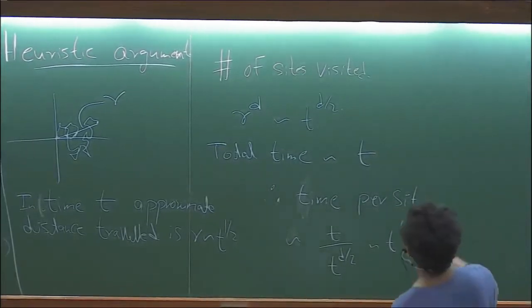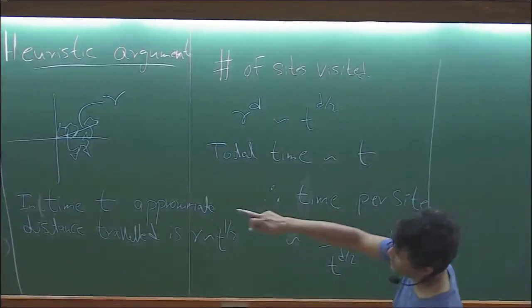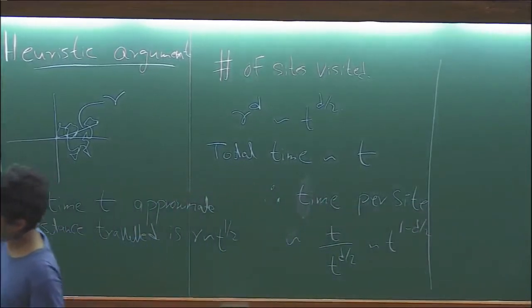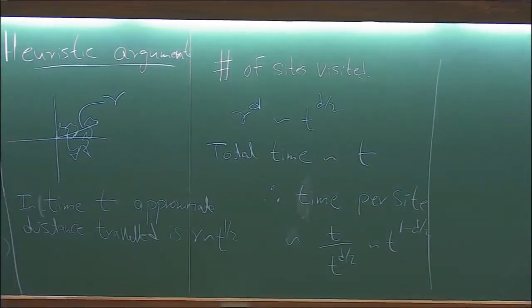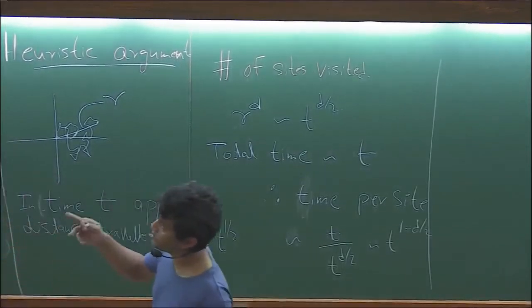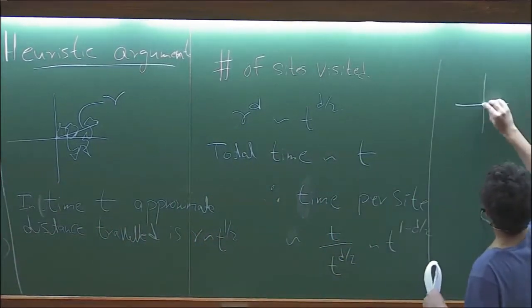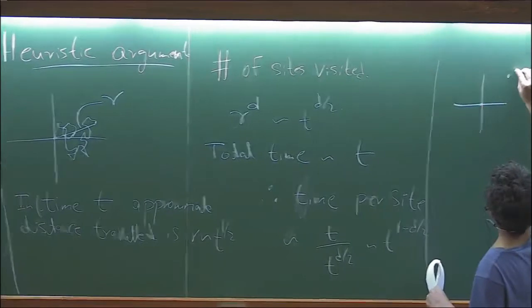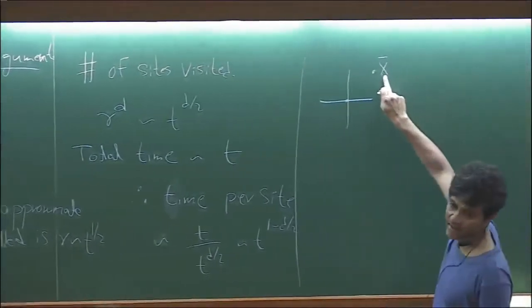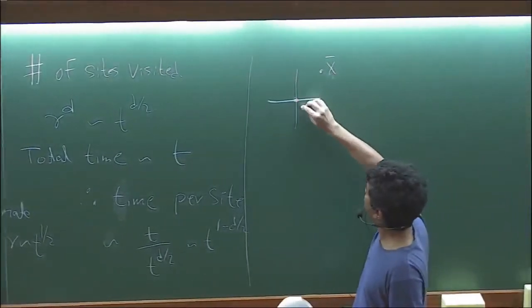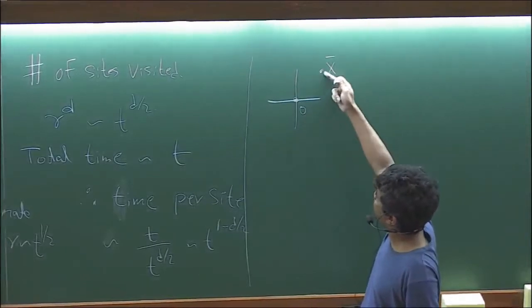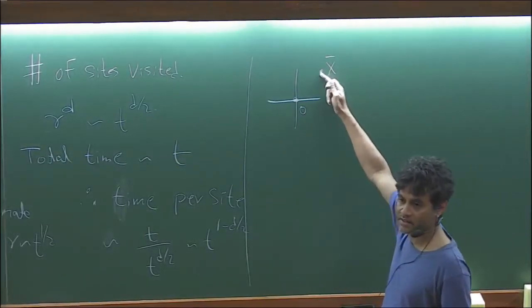Okay, the other point I want to mention is that here we looked at coming back to the origin, like the mean number of visits to the origin, and the probability of coming back to the origin. Similarly, you can ask, starting from the origin, what is the probability that you'll ever visit a site X? Or what is the mean number of visits to the site X?